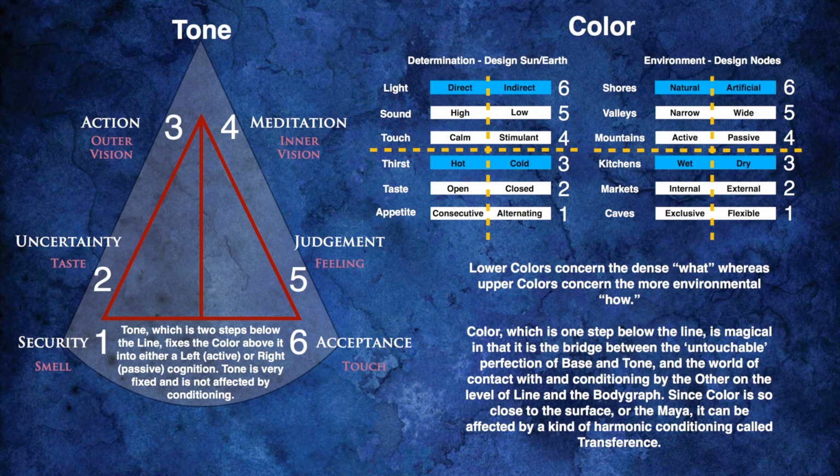So the lower colors lay the foundation. The lower colors lay the foundation and are supposed to set the example so that upper colors don't have to worry about it. Upper colors shouldn't have to worry about what they're getting into with lower color stuff. And that's where the issues arise. The perfect example of this is when we look at a 6 color getting pulled into third color transference.